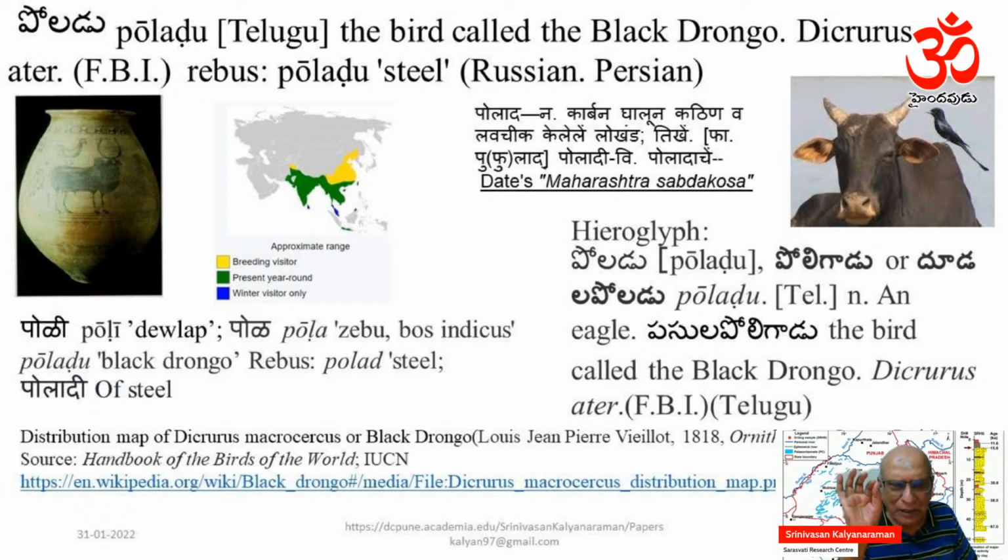This is a very important word identification from the flora and fauna lexical repertoire of the Deshi Bhasha, which can be used to pinpoint the meaning of this visual language in a number of inscriptions. It's surprising that in that time and date we are dealing with polladu steel, but it's there. You will take the inscriptions and the evidence as it comes. Next, please.